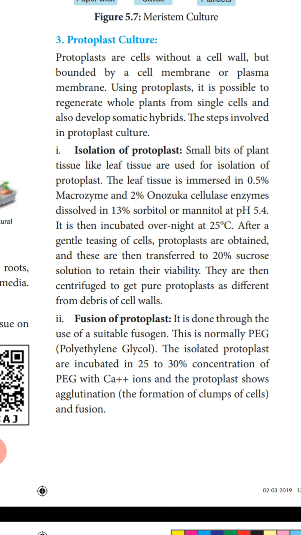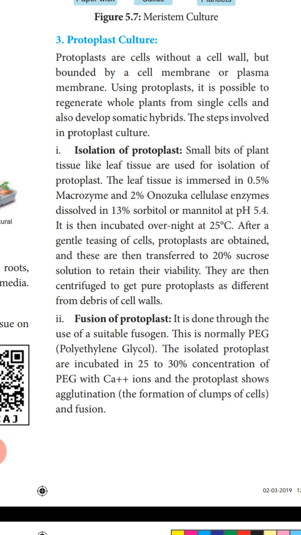Small bits of plant tissue like leaf tissue are used for isolation of protoplast. So here we take a small part of the leaf tissue and use it in the isolation. Leaf tissue is immersed in 0.5 percent macerozyme and 2 percent Onozuka cellulase enzyme.